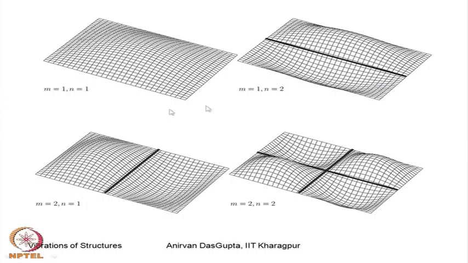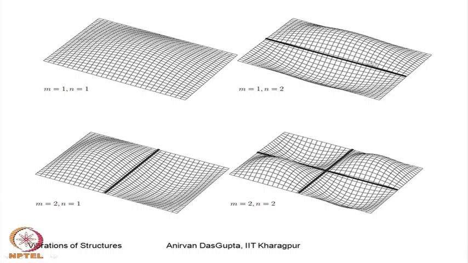Here I have plotted 4. This is the fundamental, with m equal to 1 and n equal to 1. There are no nodal curves in this mode. Here this is m equals 1 and n equals 2, so there are 2 lobes here. m is for this direction, n is for this direction.